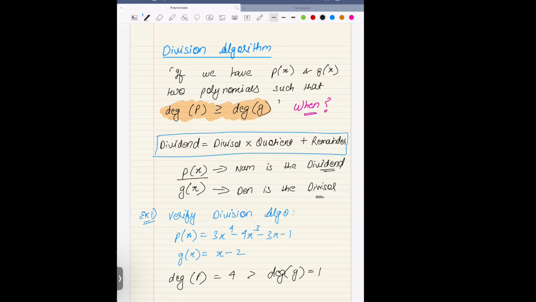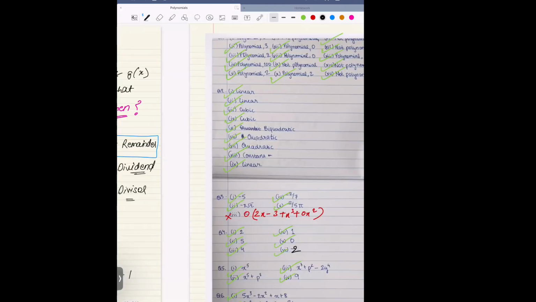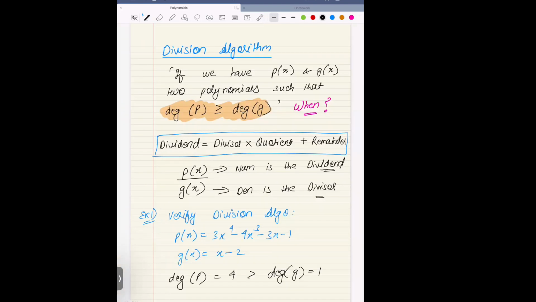Now, how do you apply it? I'll write the steps also. Step 1: write the polynomials in standard form. What do I mean by this?